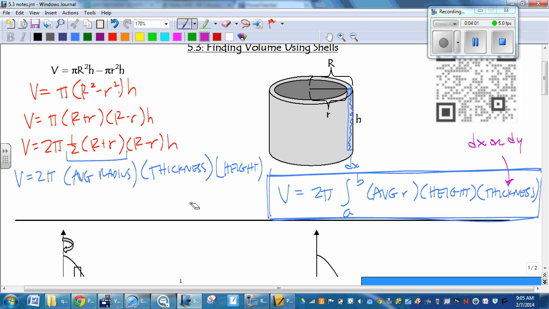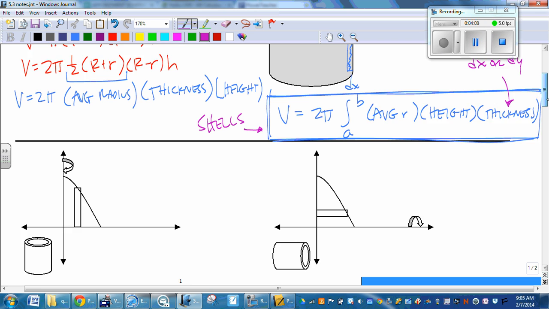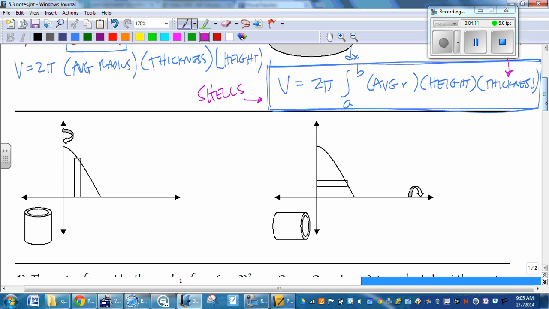Alright, so this is for a shell. And let's take a look down here at a couple differences and similarities between shells and washers. Shells are a little bit different because instead of being perpendicular to the axis of revolution, shells are parallel to the axis of revolution.